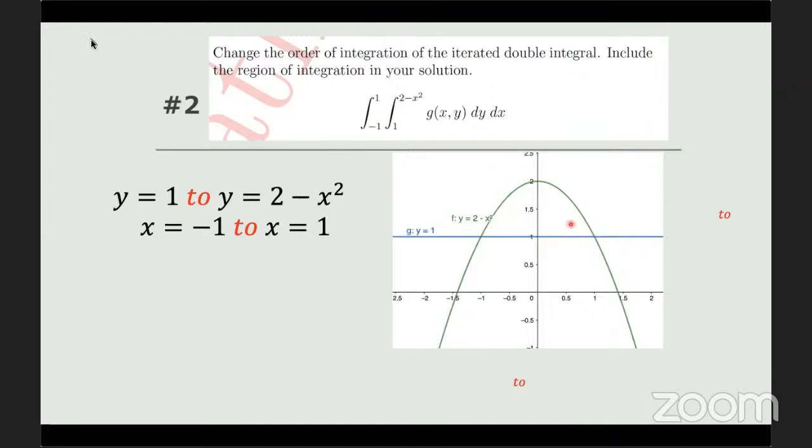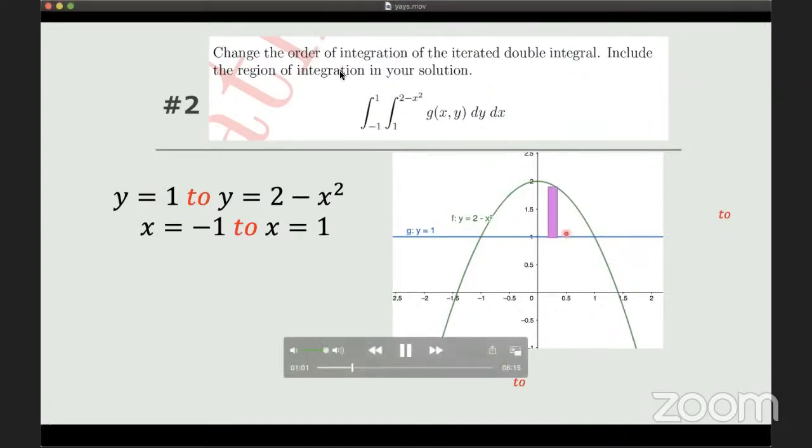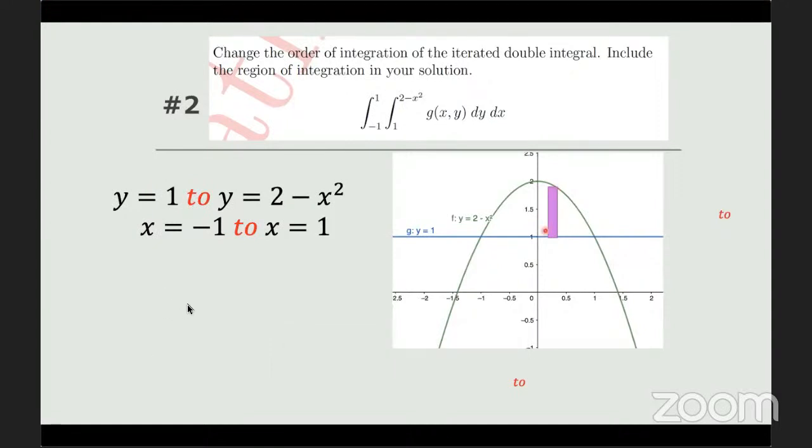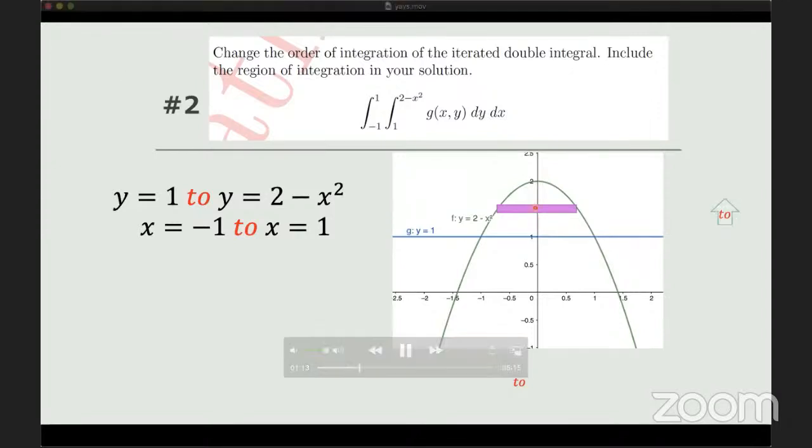Okay? So in dy dx, you imagine a vertical strip. So pag i-change mo siya sa dx dy, so meron kang horizontal strip. Okay. So unahin natin yung outer bounds since constant lang siya. So you have from y is equal to 1 to y is equal to 2.